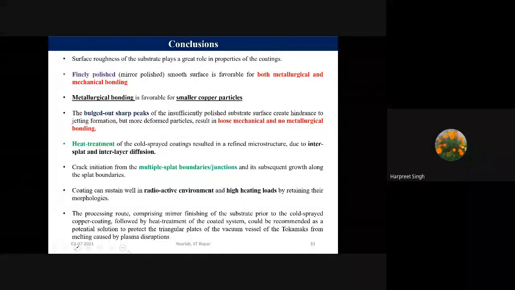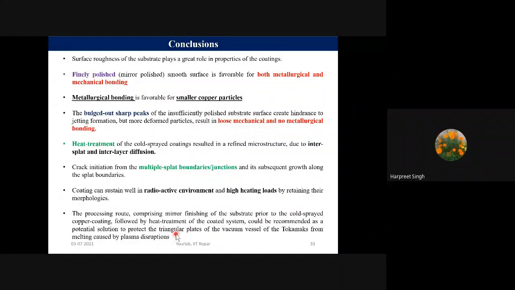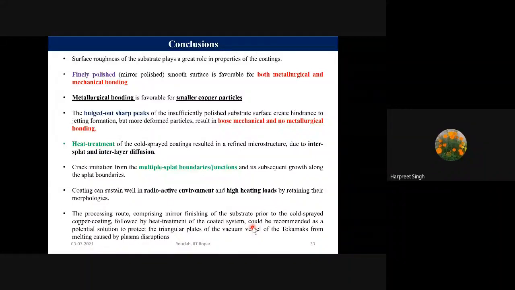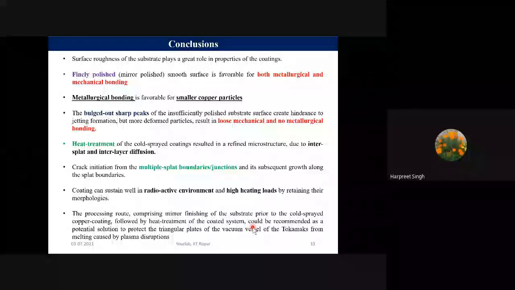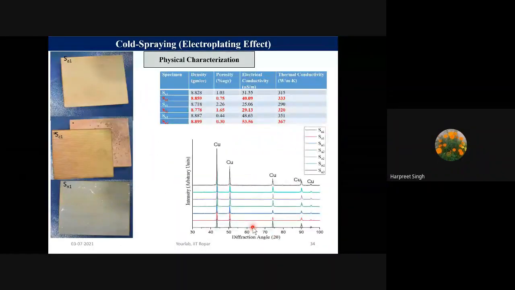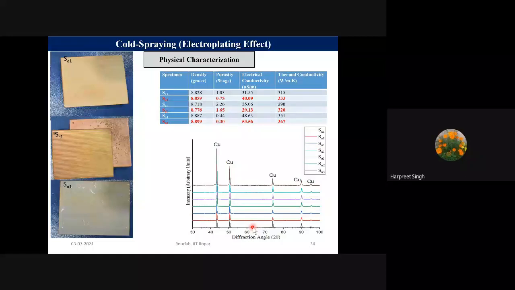And we could recommend at the last that if we want to go with this approach, we have to mirror polish the sample, and we have to do the heat treatment of the sample, right? This is the second approach. As I said, we tried two approaches. One was playing with surface roughness.